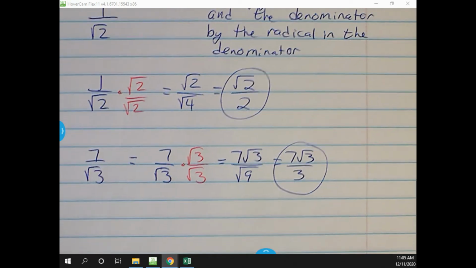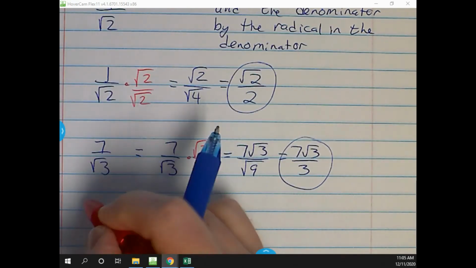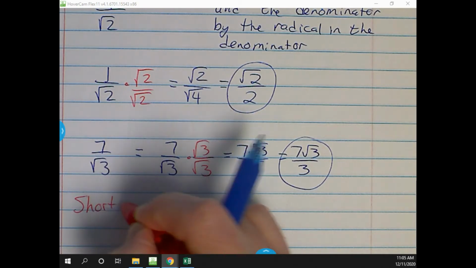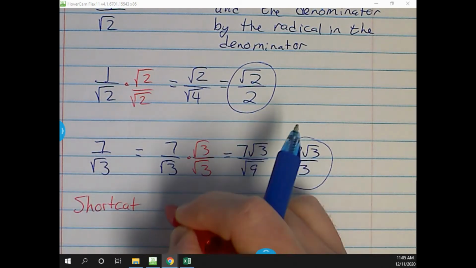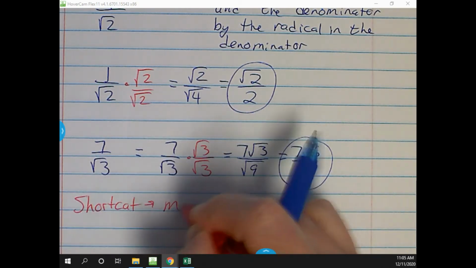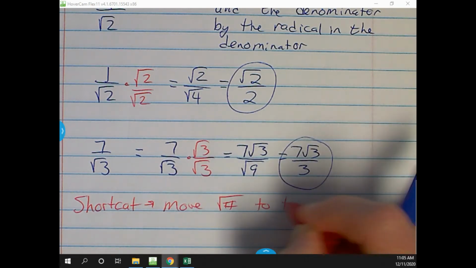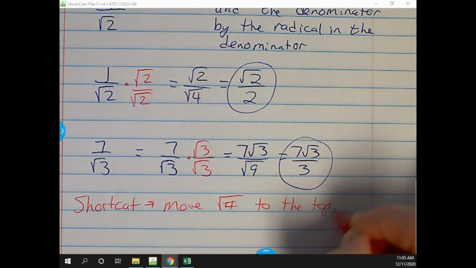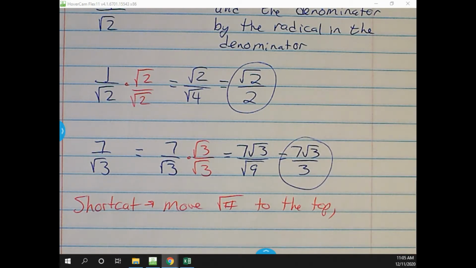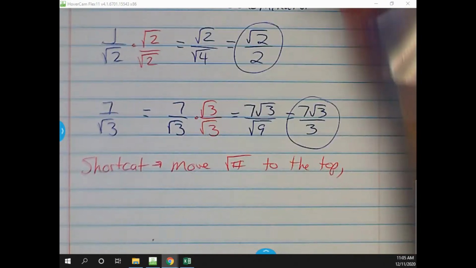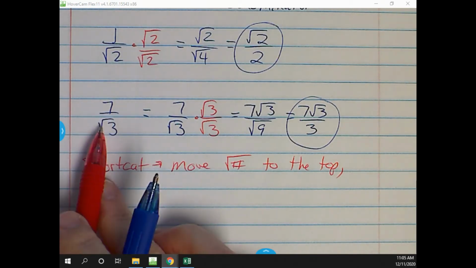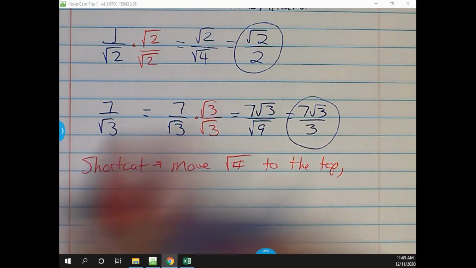Here's basically the shortcut for this. You're going to move the square root of the number to the top. Like we were doing 7 square root of 3, the answer is that we move the square root of 3 from the bottom to the top.